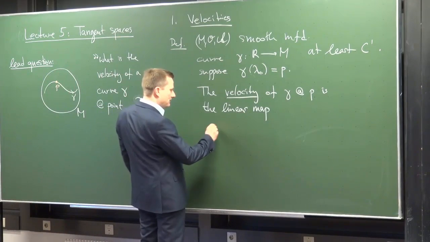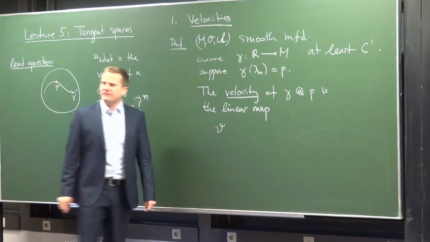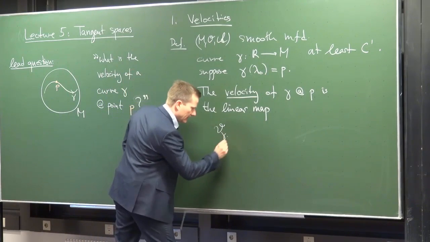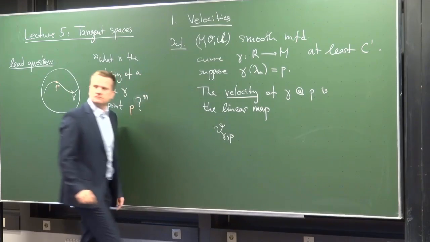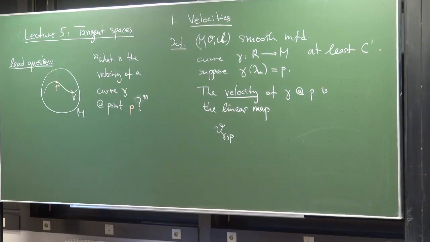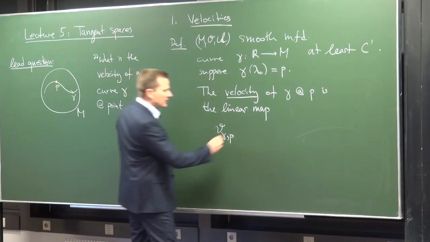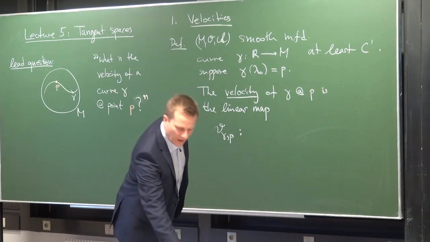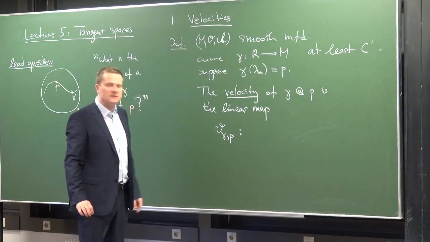It's the linear map that we call curly V, like velocity, of the curve gamma in the point P. The velocity of the curve gamma in the point P, what mathematical object is it? It's a linear map. A linear map needs to go from one vector space to another vector space.